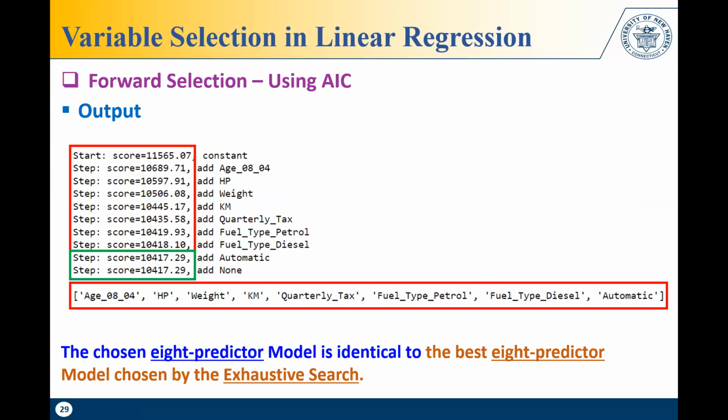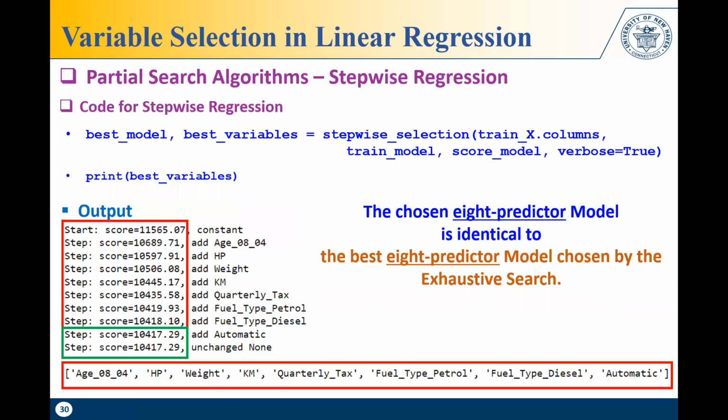We started with the age of the car predictor, and we kept adding predictors to the point that the score didn't change. We ended up with 8 predictors as well. Again, you can see that the chosen 8 predictor model is identical to the best 8 predictor model chosen by the exhaustive search.